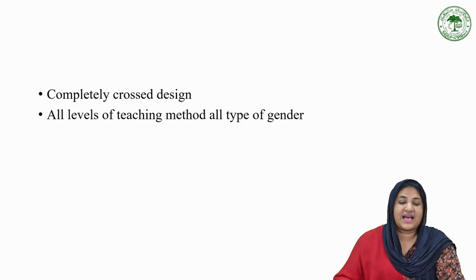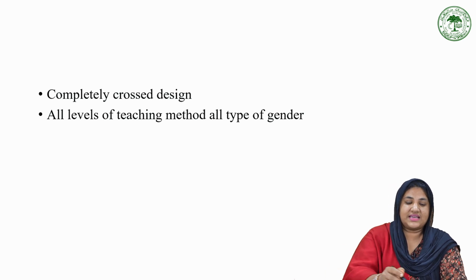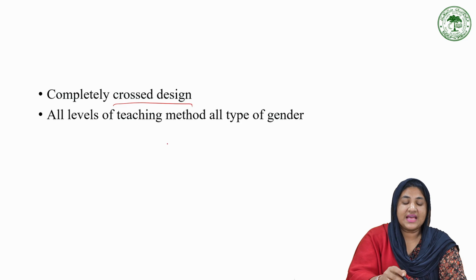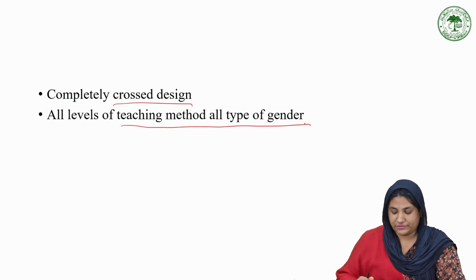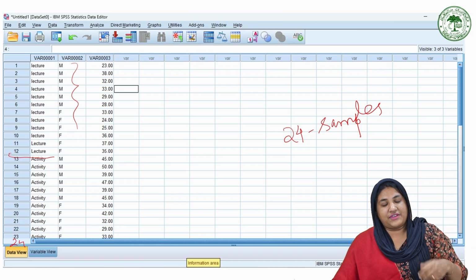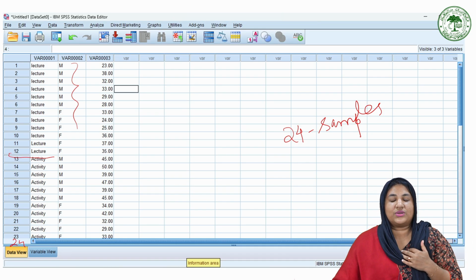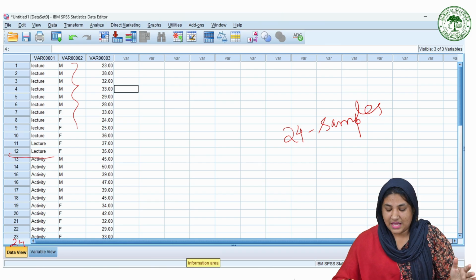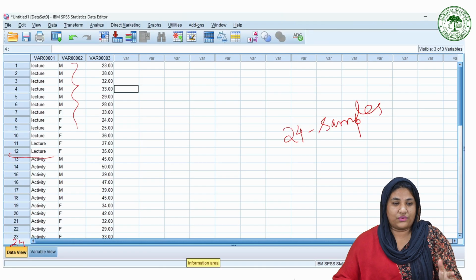We can say that it is a completely crossed design, in which all levels of teaching method cross all types of gender. That means males go through the lecture method and also the activity method, and females also go through both methods.